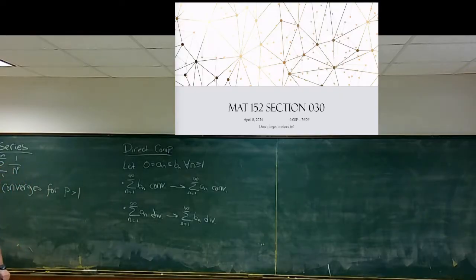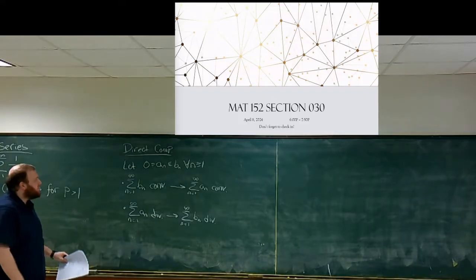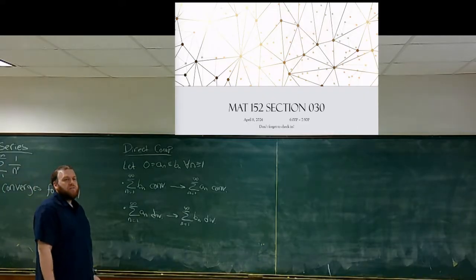If a sub n diverges, then so does b sub n. What's the upside down A? For all.